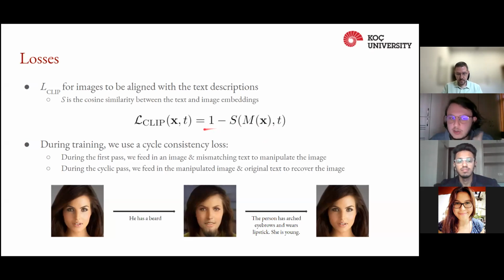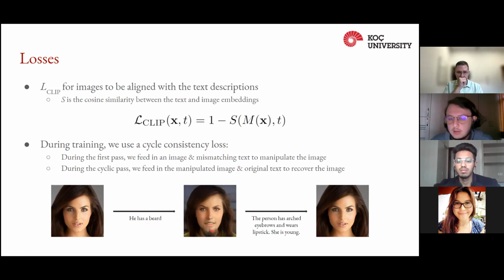And one training detail, we are using a cycle consistency loss. In each iteration, we have 2 passes. In the first pass, we feed in the input image together with a mismatching caption. This mismatching caption manipulates the image.